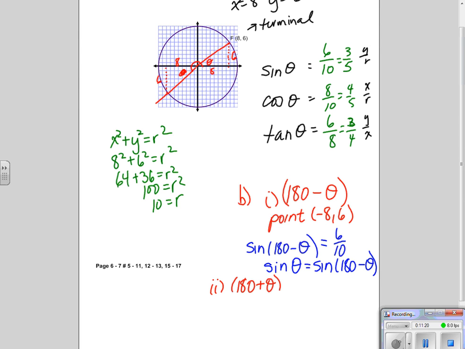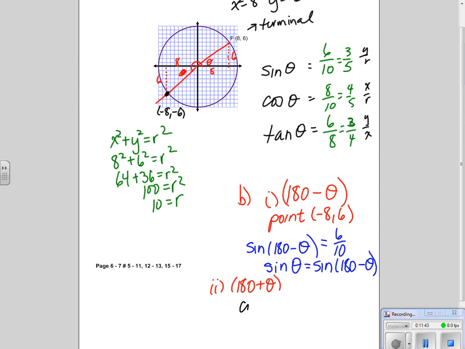So the point that the angle 180 plus theta must pass through, this point right here, would have those same numbers, but it's 8 to the left and 6 down. So the angle 180 plus theta has the same coordinates, but both of them are negative.